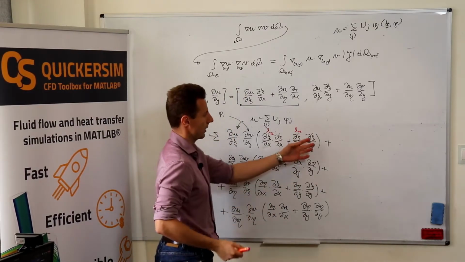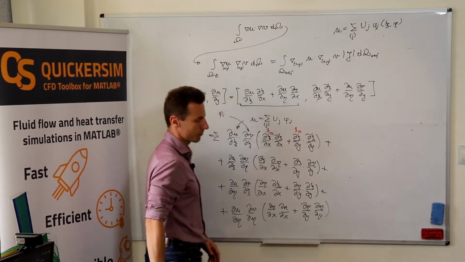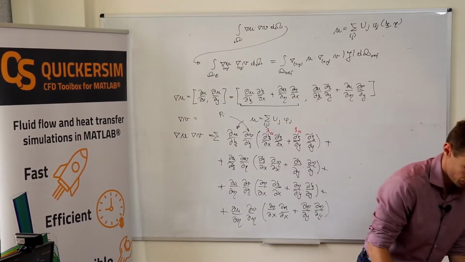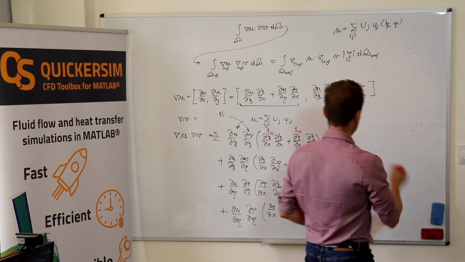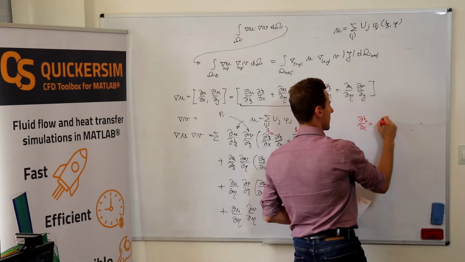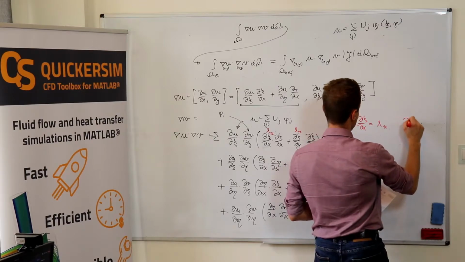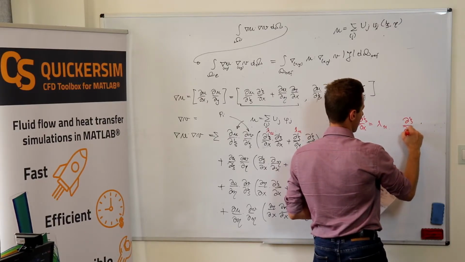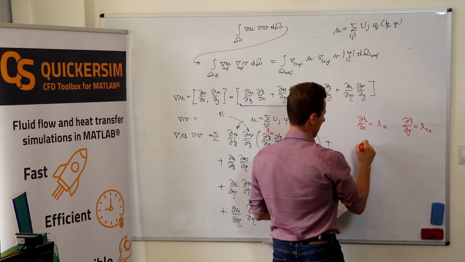And you can only have 4 different combinations. Let me just write it. The psi with respect to dx, I would call lambda 1,1. The psi with respect to dy, I would call lambda 1,2.